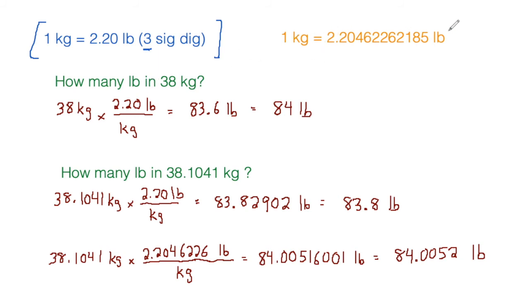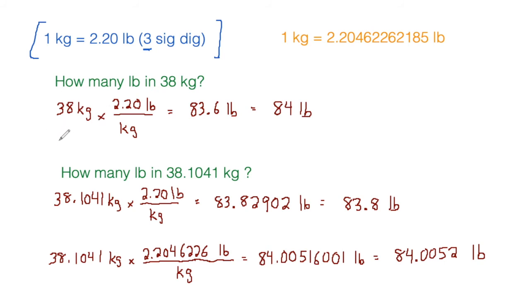If you look at the conversion factor up in a more precise reference, you'll find a lot more digits. This is good enough for a conversion factor to use when you have a measurement that only has a few significant digits.